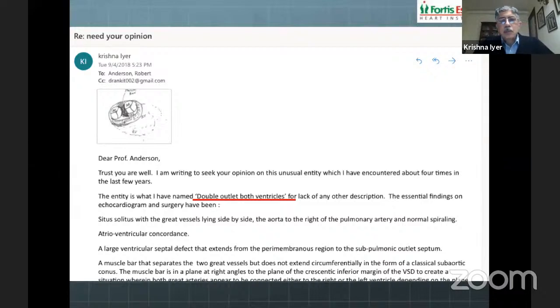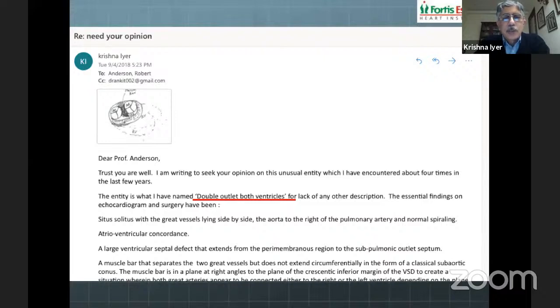The interventricular communication was clearly not the usual one seen in a double outlet right ventricle, and there was a very prominent outlet septum between the two great vessels. So I sent him a mail with a crude drawing of what I had seen, and asked him his opinion on this lesion.